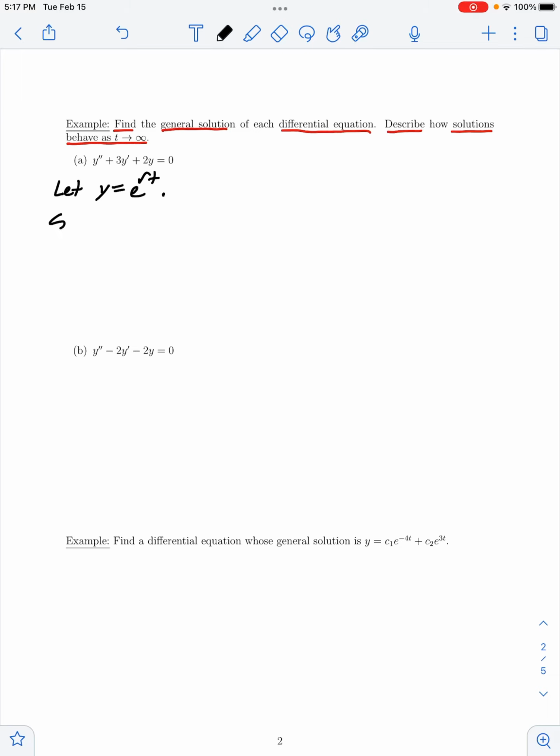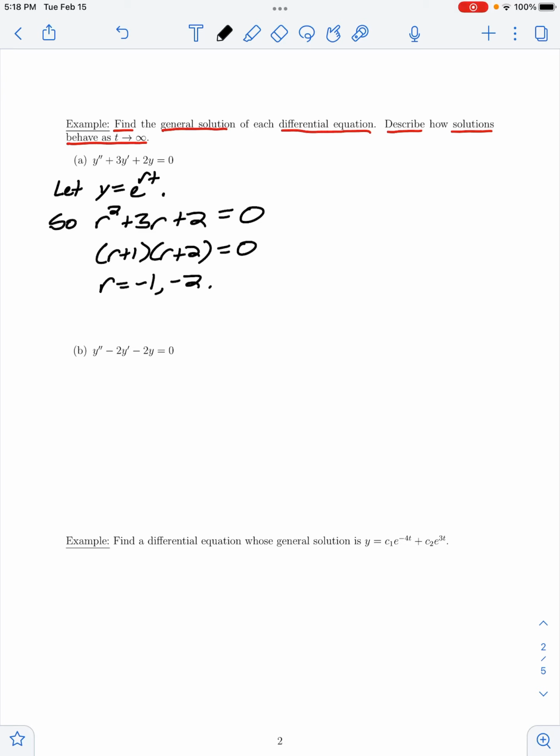which means that the value r would have to be a root of the characteristic equation 1r squared plus 3r plus 2 is equal to 0. And to find my values of r, I can factor this expression as r plus 1 times r plus 2 is equal to 0. Therefore, r could be -1 or -2.